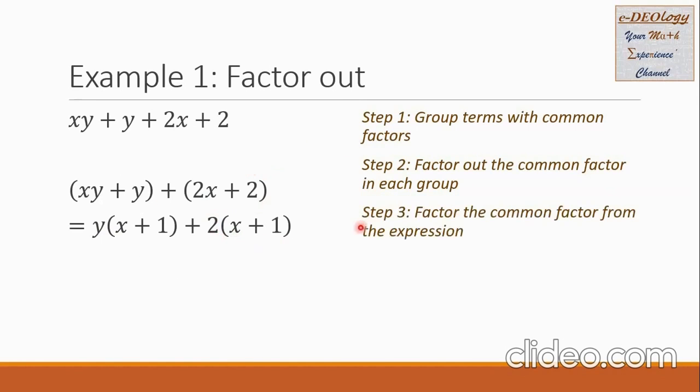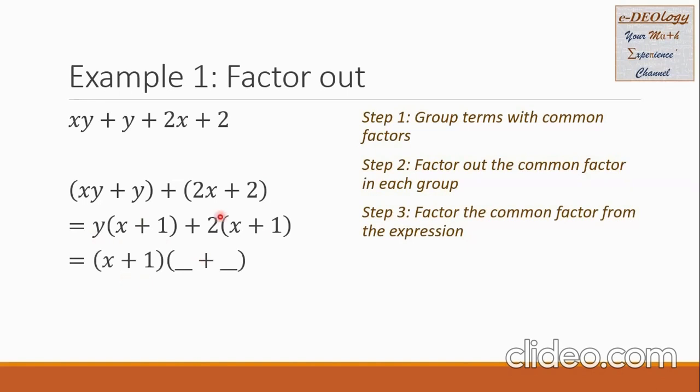In step 3, factor the common factor from the expression. We have now here two big groups. For each group, the common factor is the binomial x plus 1. So I'm going to bring out that common factor outside. So it is now x plus 1.